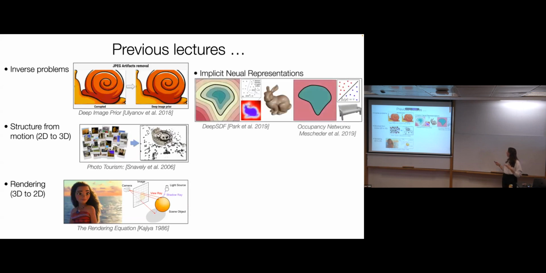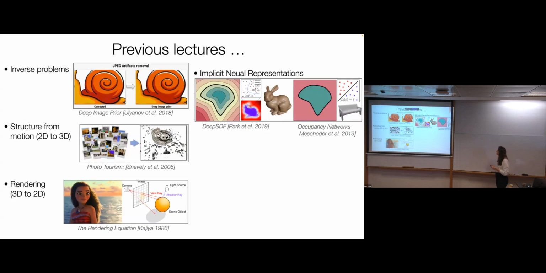From that, we wanted to combine these two concepts, the idea of inverse problems using the prior of a deep neural network, and computer graphics. You were introduced to implicit neural representation, where the idea is to use a deep neural network, specifically a fully connected network, to learn to represent some 3D field or 3D function.